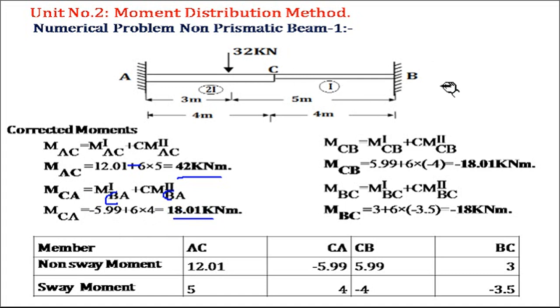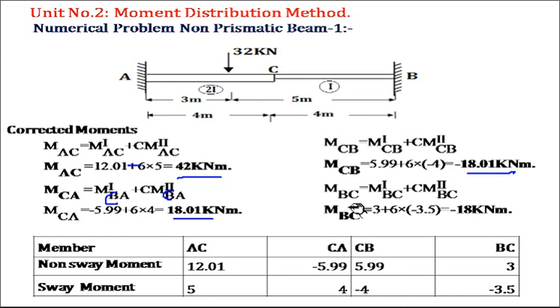The moment in member CB will be equal to what? Moment due to non-sway analysis plus C into moment due to sway analysis in member CB. So the value for CB is, non-sway is 5.99 plus 6 into sway, which is minus 4. So we are getting the value minus 18.01.